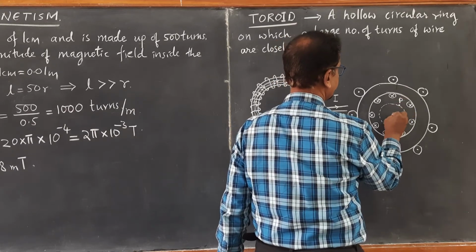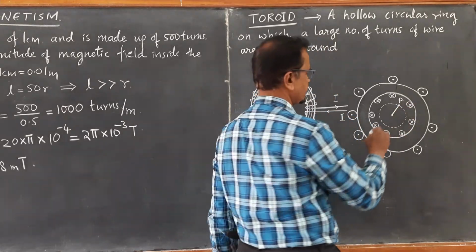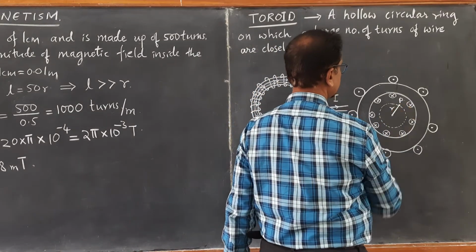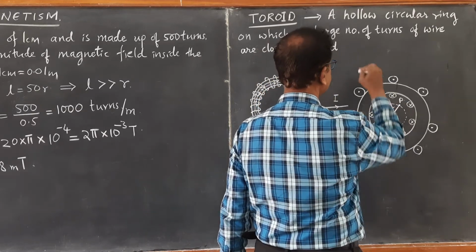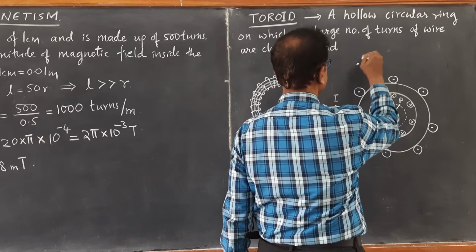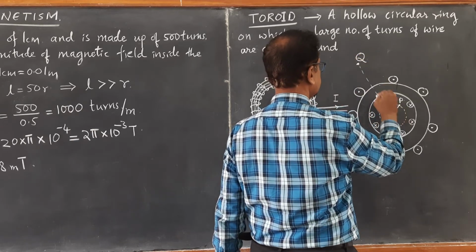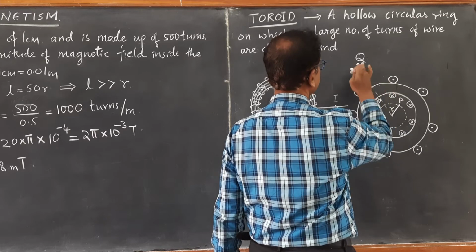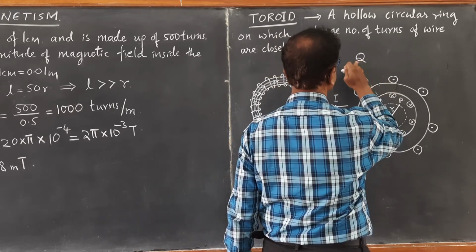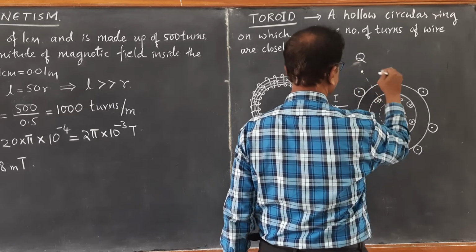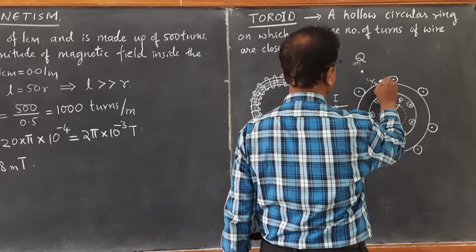From the center, let us say this point P is at a distance R1, and another point we are choosing in the exterior at a point Q, which is at a perpendicular distance, say R2.